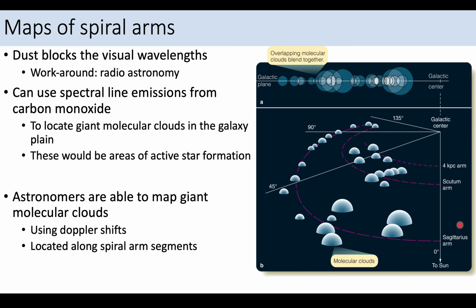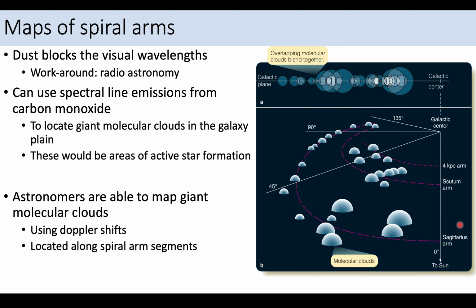So using radio waves, using spectral lines, of course we're coming back to spectral lines. Spectral line emission from carbon monoxide actually helps us determine where there are molecular clouds. So large areas of molecular clouds, you're going to have carbon monoxide, you're going to have emission there, and we're actually able to determine where these giant molecular clouds are located.